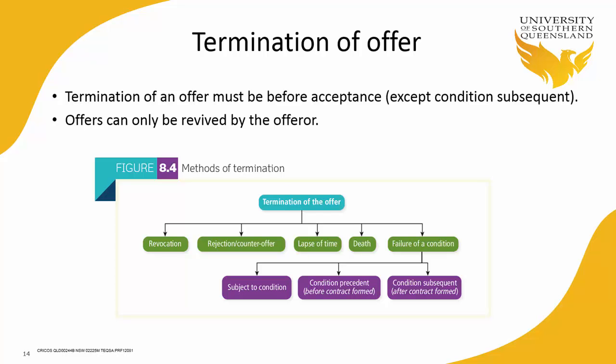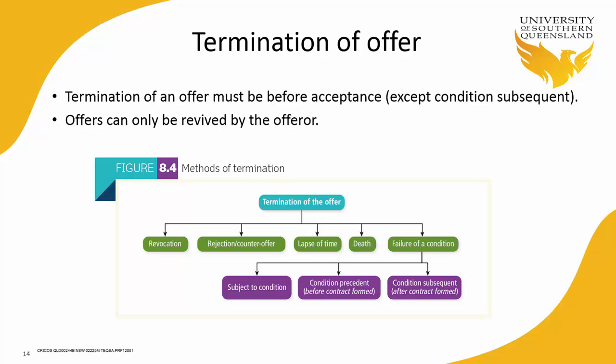The failure of a condition has subcategories: the offer is subject to a condition precedent, i.e. before the contract is formed but after the agreement, or a condition subsequent, i.e. after the contract is formed. You can read more about these categories in relation to how we can terminate an offer.